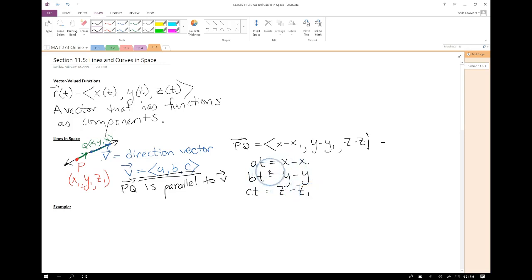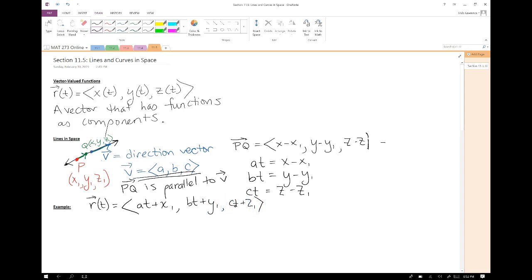If we were to solve these equations for x, y, and z, we would get a vector-valued function, r of t, which has components a times t plus x1, b times t plus y1, and c times t plus z1. So this is a vector notation for a line in space.